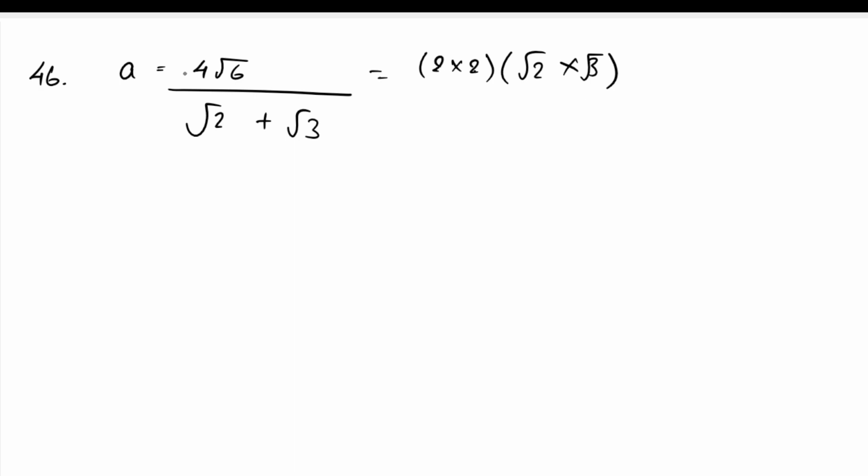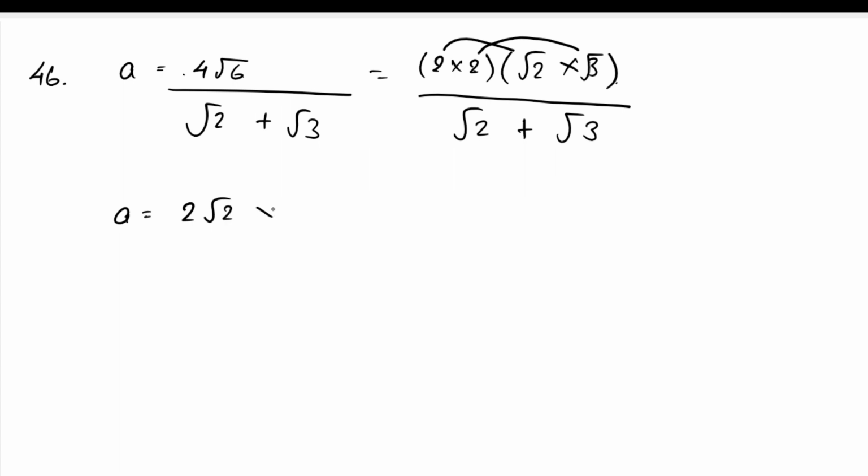So 2 into 2 is 4, and root 2 into root 3 is root 6 divided by root 2 plus root 3. So now A is equal to, now this 2 and root 2 I'm multiplying, and this 2 and root 3 I'm multiplying and writing it, which will give me 2 root 2 into 2 root 3 divided by root 2 plus root 3.